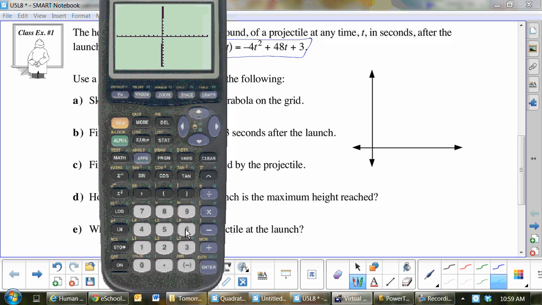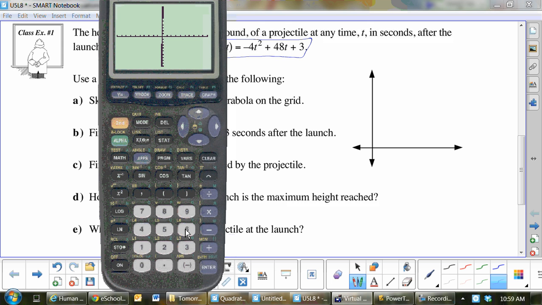I'm not going to sit there and say, okay, guys, put all your window settings here, and then let's see what it looks like, and everyone goes, oh, cool. And then nobody really thinks about it. Where do you get those window settings from? So we got this detached formula that describes the projectile, and then we got a graph that is like this. So how do you start?